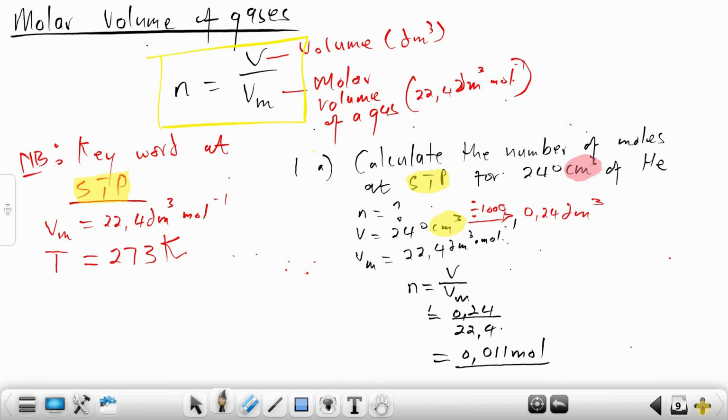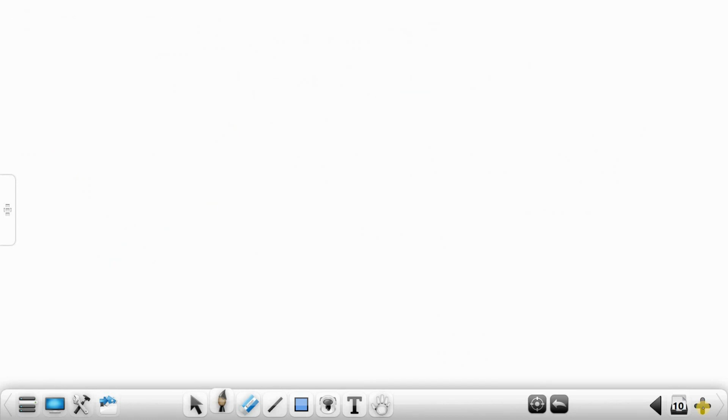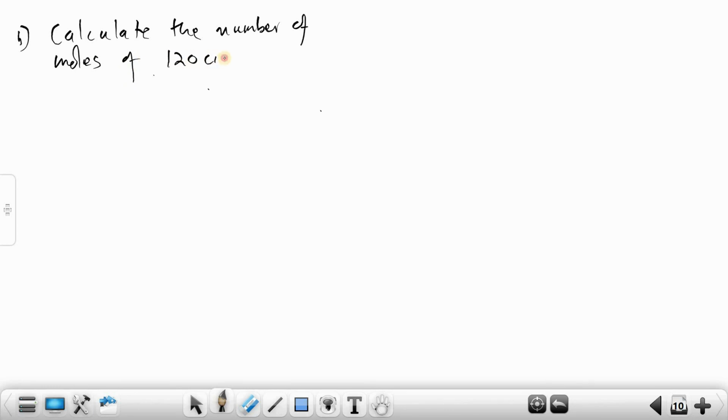So let's add a new page, and this one we are going to try and do together. At number B, they say calculate the number of moles of 120 centimeter cubed of H2O.